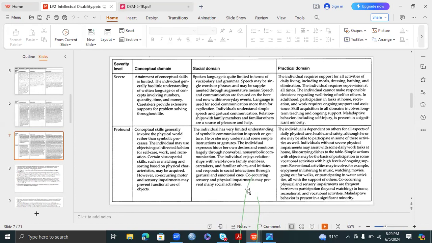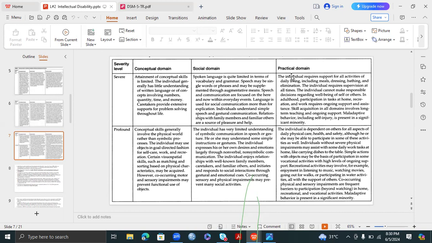But in this regard, it's very much limited as compared to them. The individual expresses their own desires or emotions mostly through non-verbal, non-symbolic communication. They feel very happy to communicate with their familiar others, and they prefer those individuals around themselves.